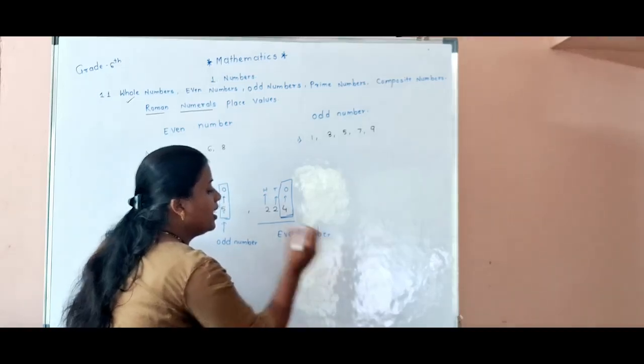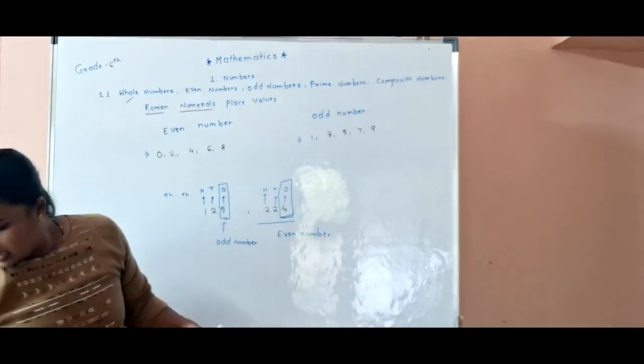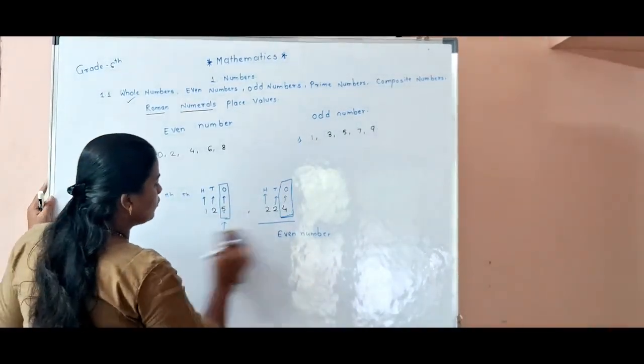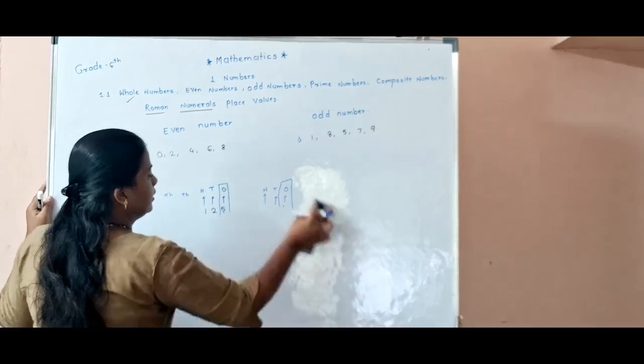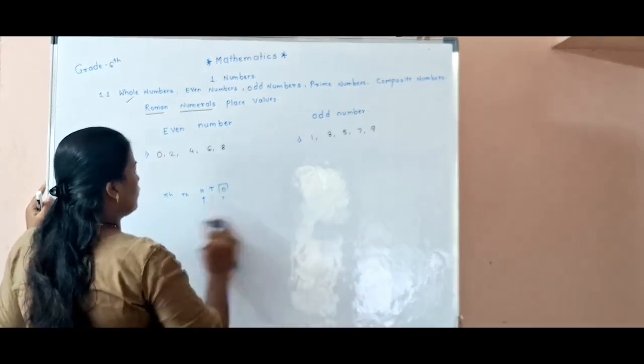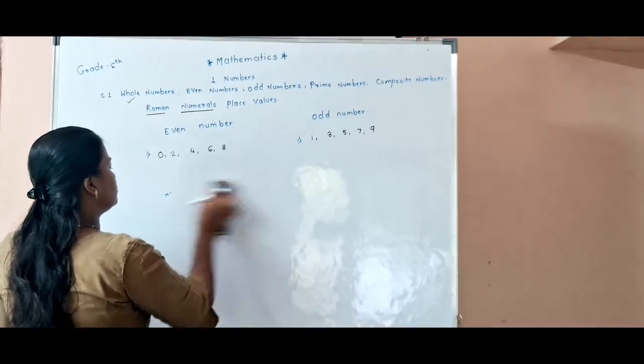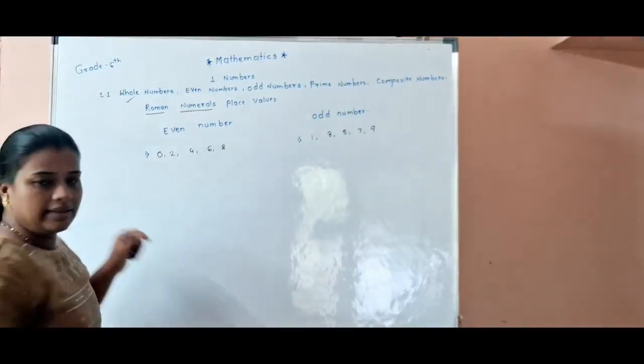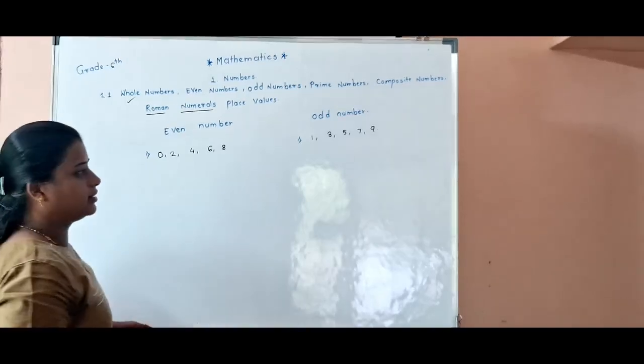Okay? Again, a question will be asked like this: addition of odd numbers, multiplication of odd numbers, subtraction of odd numbers, division of odd numbers. They can ask you a question like this.